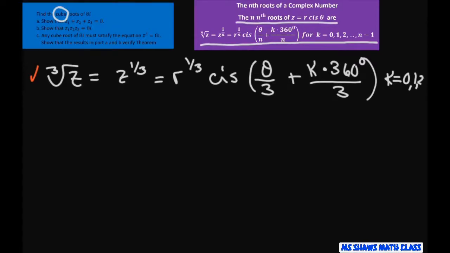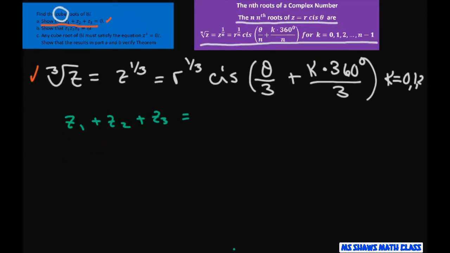Now, our next question says, show that when you add our z1 plus z2 plus z3, that should equal 0. So let's look at that. If we add them up, we have z1 plus z2 plus z3. Let's figure that out.